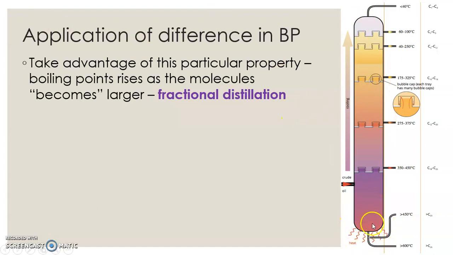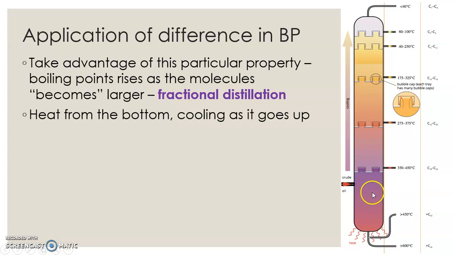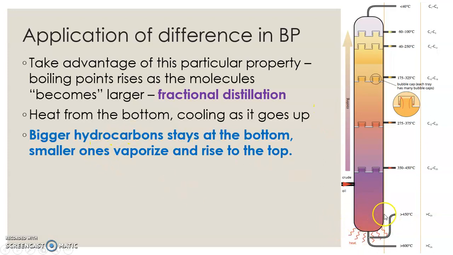So we heat from the bottom, and then as you go up, the temperature of the tower decreases. Okay, so if you heat at the bottom, the bigger hydrocarbons, because they have really high boiling point, will remain as liquid at the bottom, even if you heat it. But the smaller molecules will vaporize under high temperature, and therefore rise up to the top.